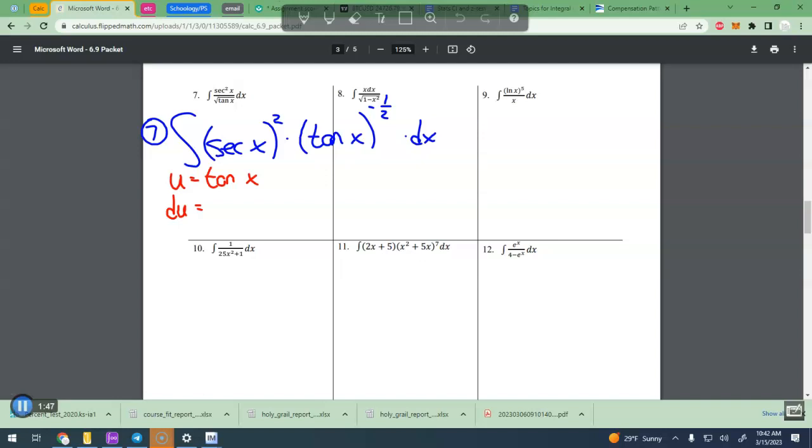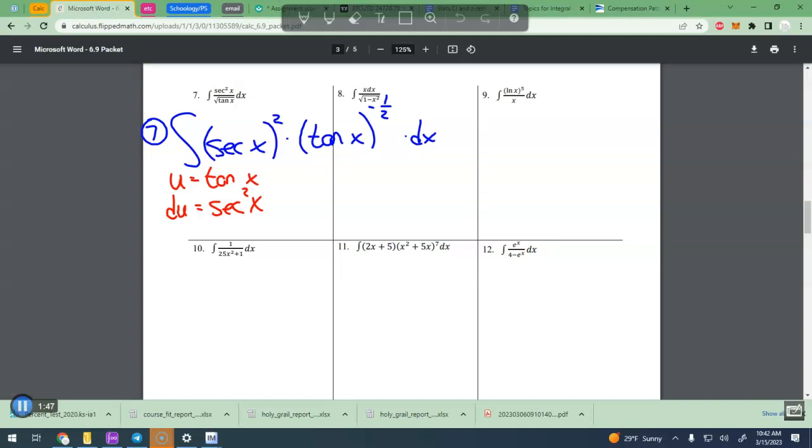No, because you have to do quotient rule. Still waiting for the derivative of tangent. Secant squared. Good job, everybody. That would have helped a lot last time. Do you see how you can't do these if you don't have those memorized? You're basically stuck. If you don't know, you're screwed.